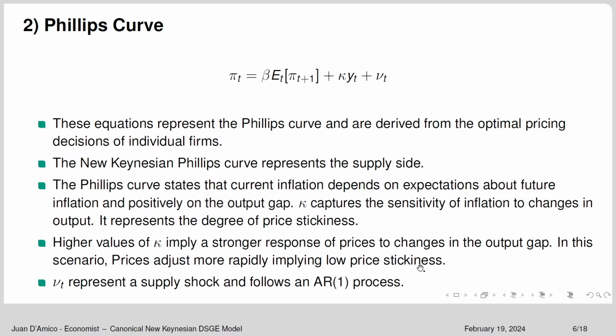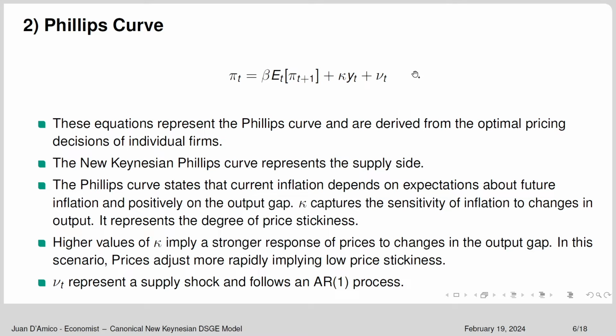Let me put this in other words. When prices are not sticky at all, meaning there is low price stickiness, then prices are going to adjust quickly. So the faster the prices adjust, the faster that is going to put pressure on inflation.